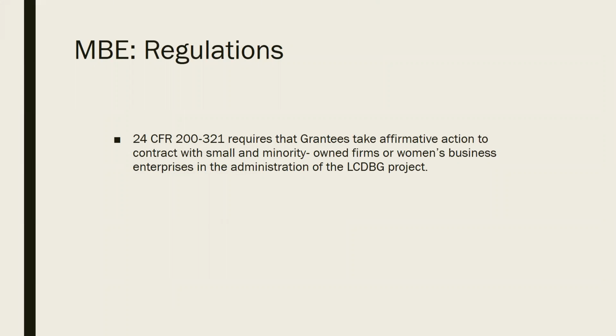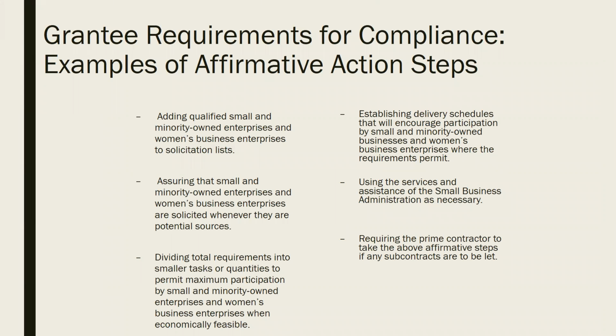Minority business enterprise regulations require that grantees take affirmative action to contract with small and minority-owned firms or women business enterprises in the administration of the LCDBG project. Here are some examples of affirmative action steps: contracting or registering with small business owners, 51% owned by minorities or women.